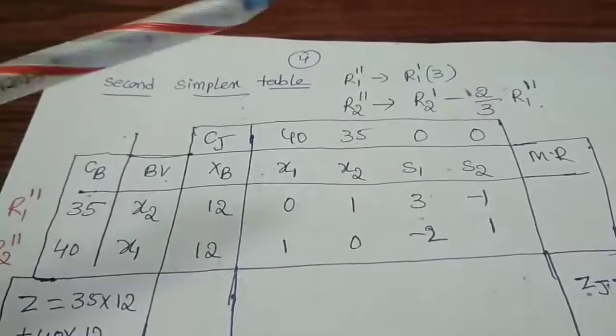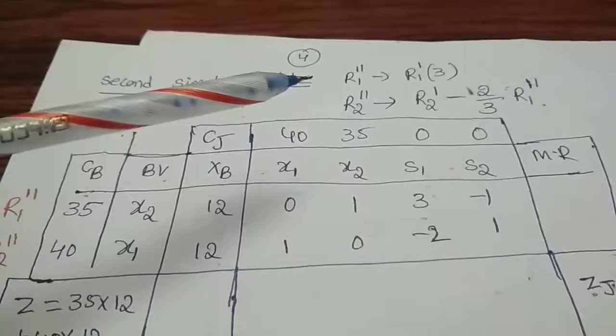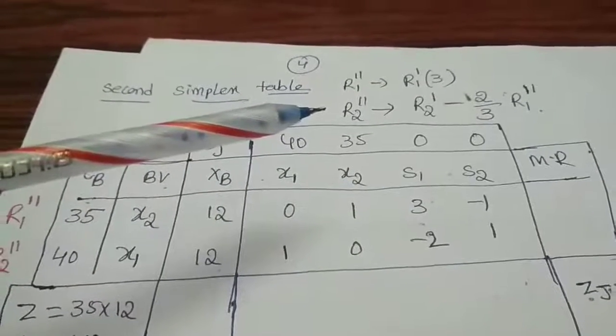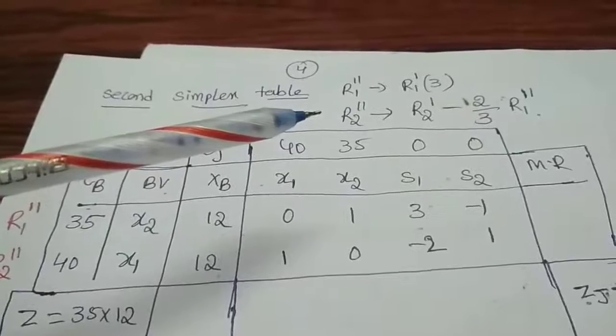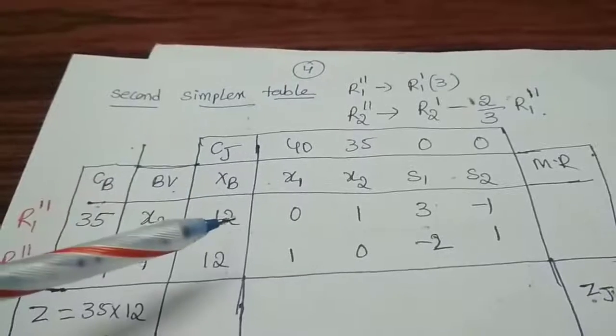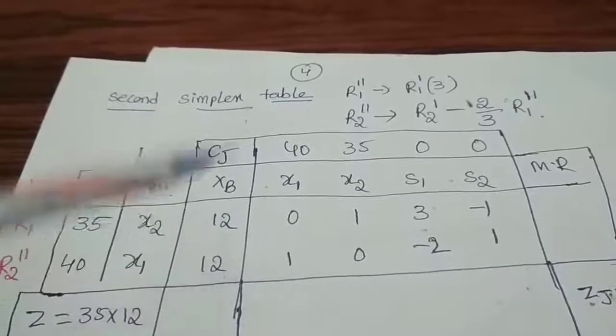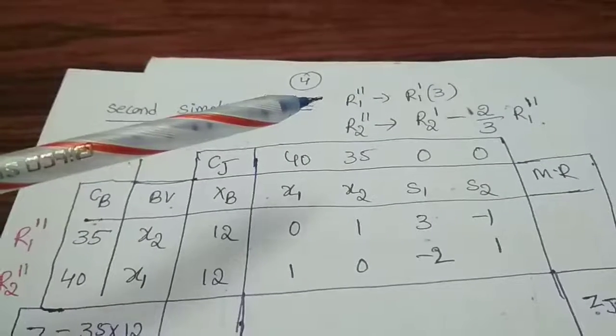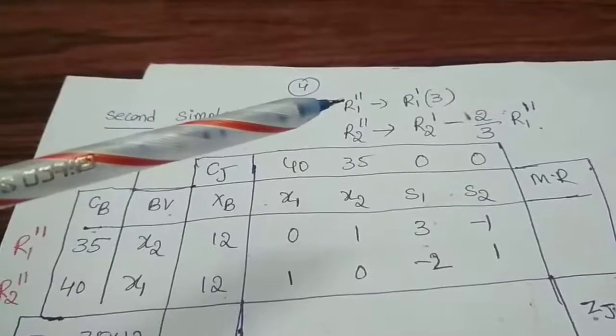The first row operation is r1 dash into 3. The second row operation is r2 dash minus 2 by 3 into r1 double dash. So now coming to the first row, that is r1 double dash, that is r1 dash into 3.